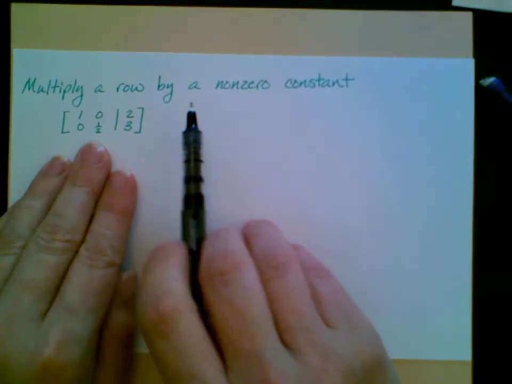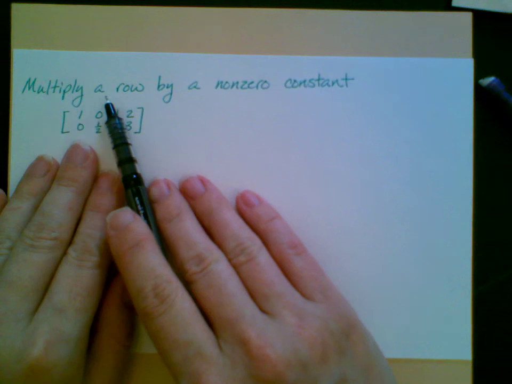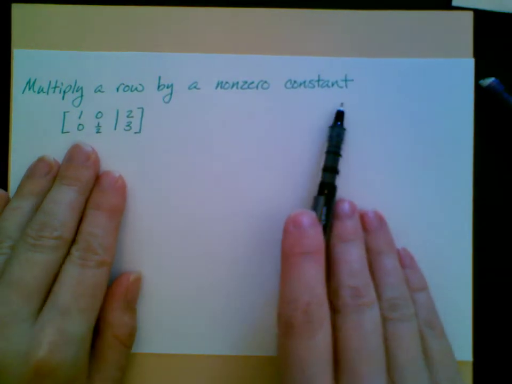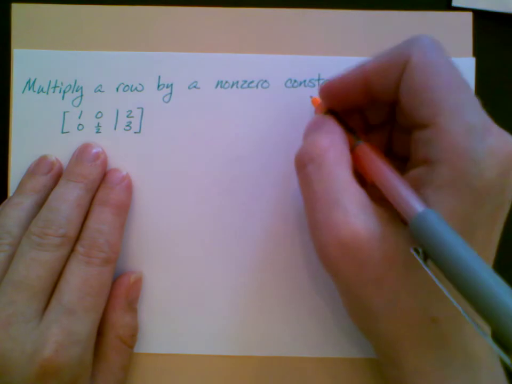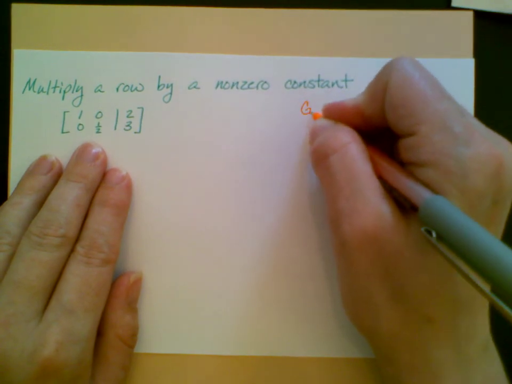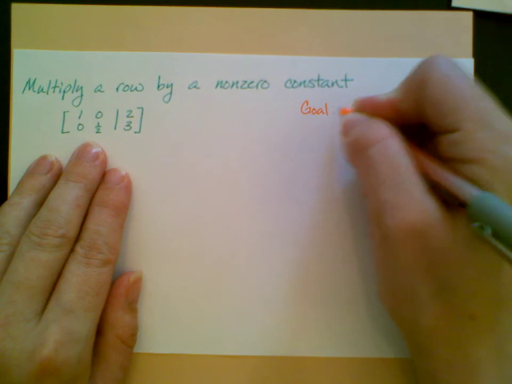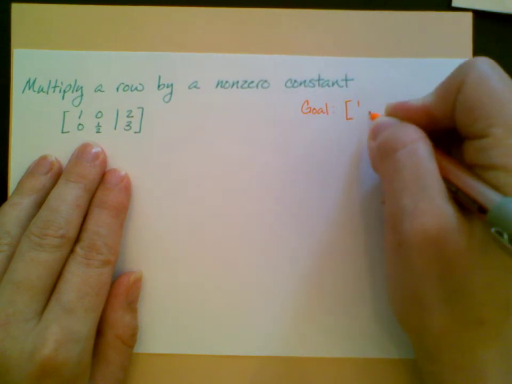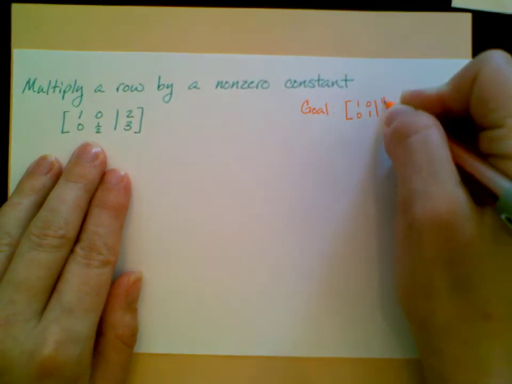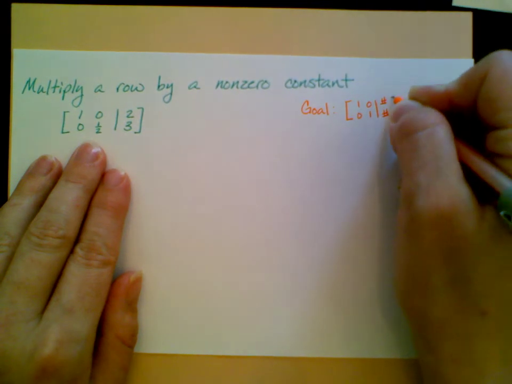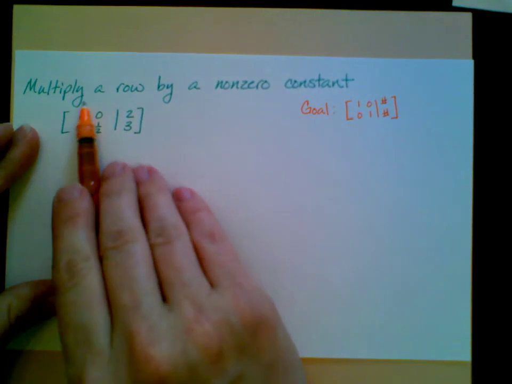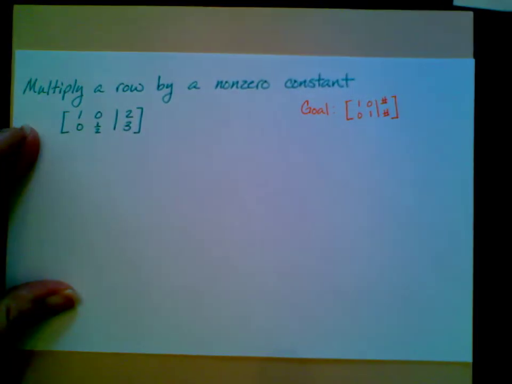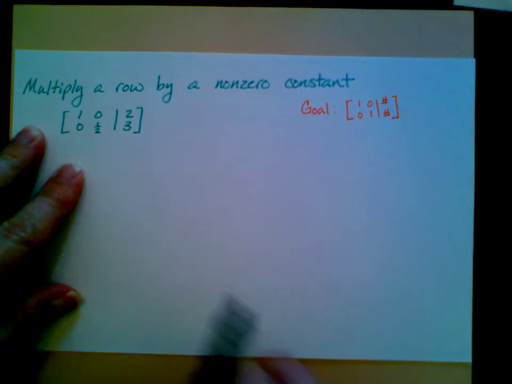So there are going to be times when I want to multiply a row by a non-zero constant. Let's point out that we're using these row operations in an attempt to get to our goal form that was covered in the previous video. So notice that almost everything on that coefficient side is perfect.